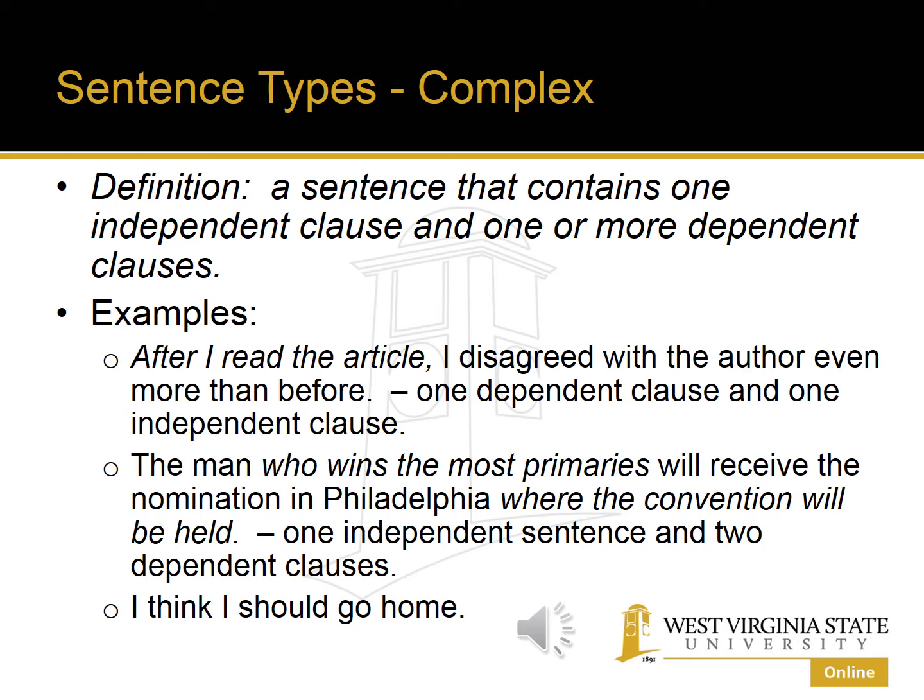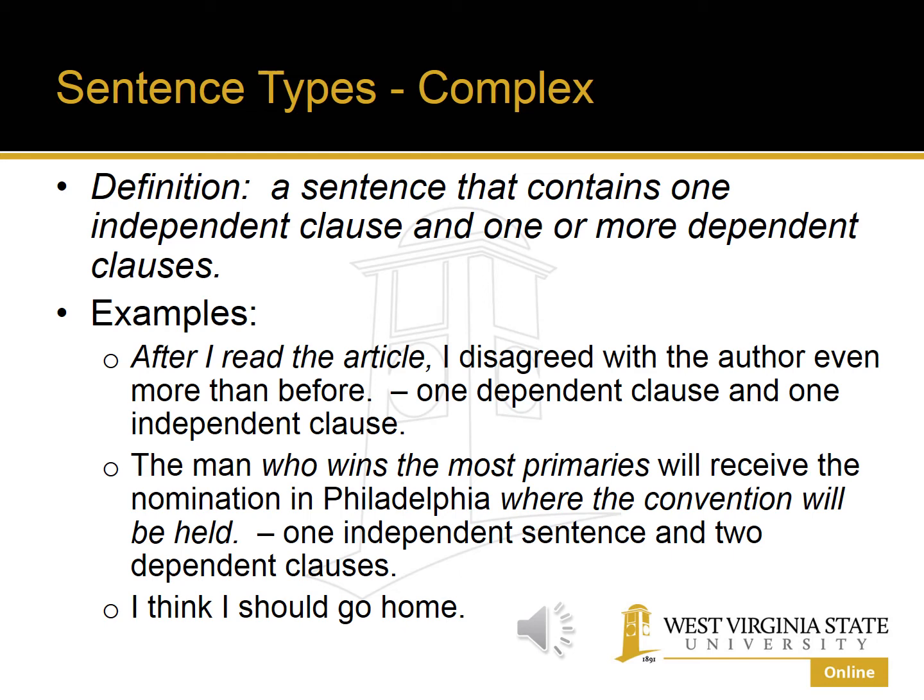A final point to make here is that sometimes when we use dependent clauses, we omit the relative pronoun that. It's not okay to omit who, it's not okay to omit which, but it is okay to omit that sometimes. So here I have an example. I think I should go home. I should go home is still a dependent clause, even though we have omitted the relative pronoun that.